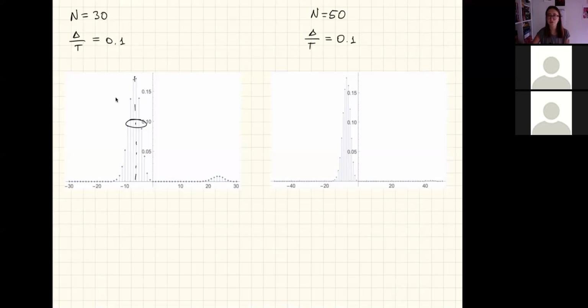And the more and more unitaries we apply, so for example, the graph on the left is for 50 unitaries, the more and more we see that the average energy value that we spend on this process is becoming more and more like a sharp distribution.